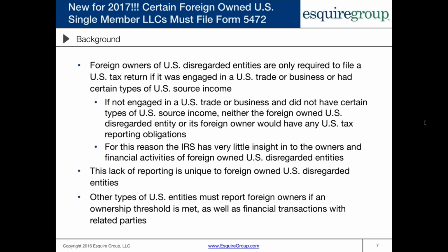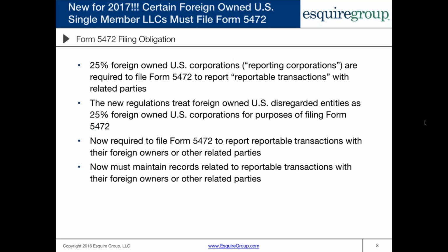But with disregarded entities, basically single member LLCs, they're not, which is why these new regulations were passed to remedy that situation and try to get some more insight into the ownership and finances of these foreign-owned U.S. disregarded entities.